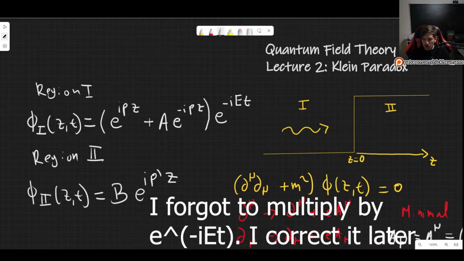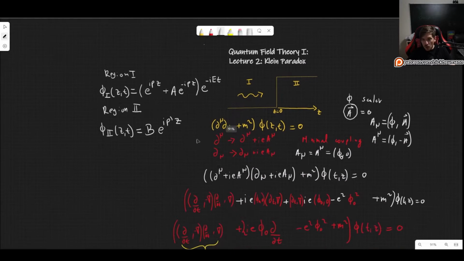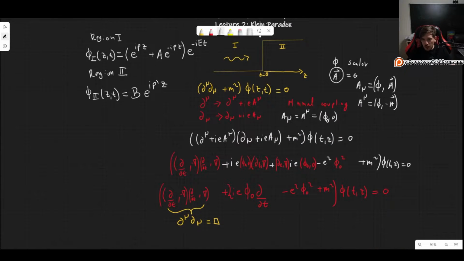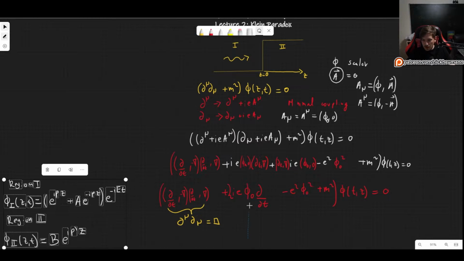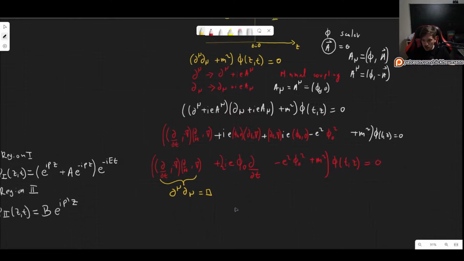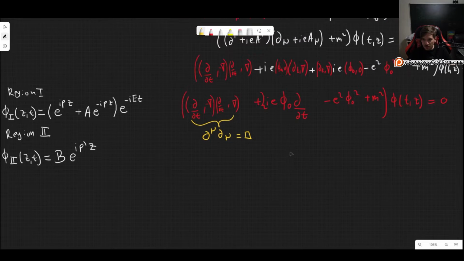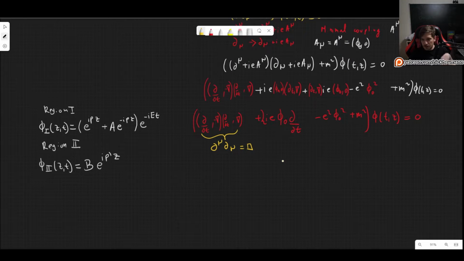Okay, so that is our wave function in region 2. With those solutions, I'm going to move them further down, and we will plug them into this expression right there, into the Klein-Gordon equation, but modified for this particular situation.